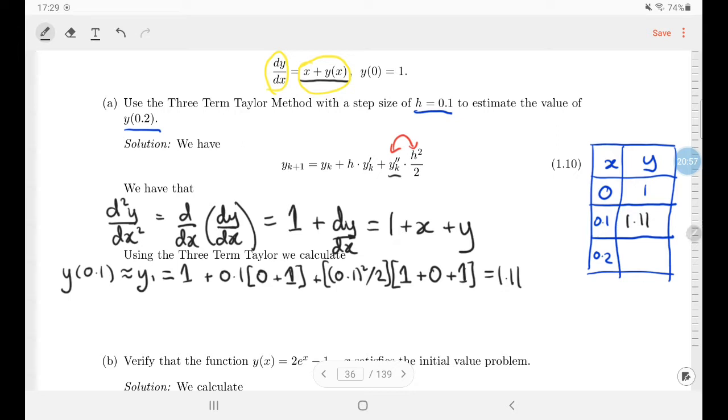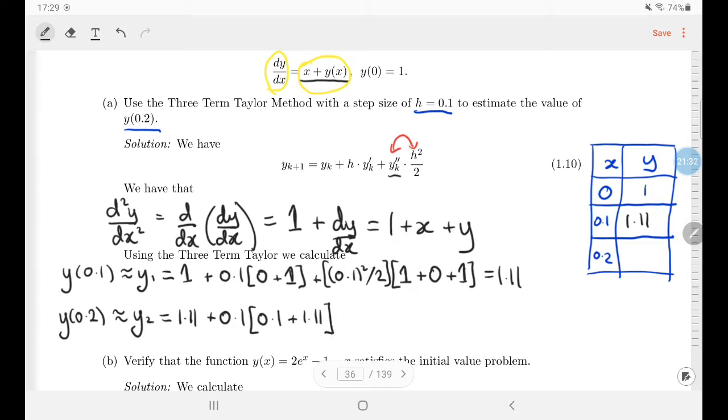Now we go again, because we're trying to find out what's happening, approximately anyway, at 0.2. So the y value at 0.2 is approximated by what we call y2, which is equal to the previous y value, which is 1.11, plus the step size, which is 0.1, times the previous slope. The slope we get from the yellow thing up the top is x plus y, which at the previous point is 0.1 plus 1.11.